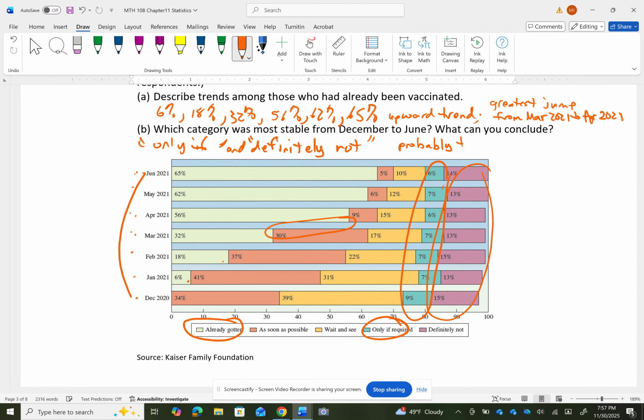Probably these respondents, people who responded to the survey, these respondents had decided early on against getting vaccinated, and no one could convince them otherwise.